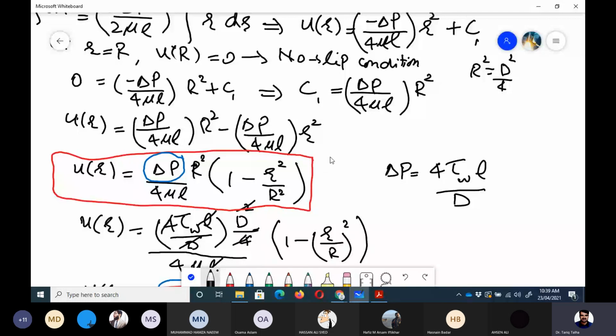So from here I can write V of c, where c means center line, that would be equal to delta p into R square on 4 mu L. Right?